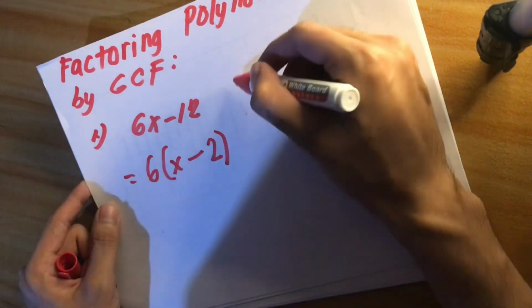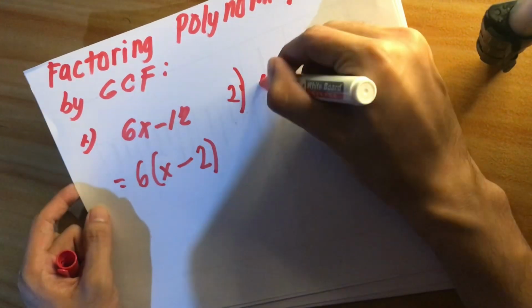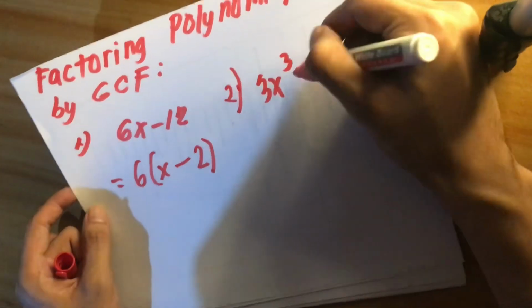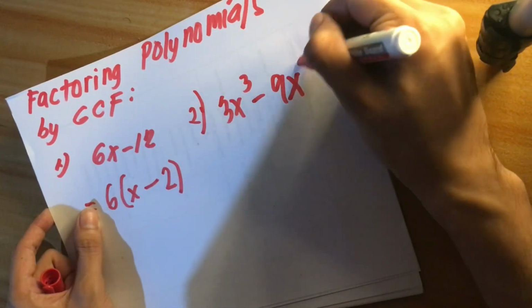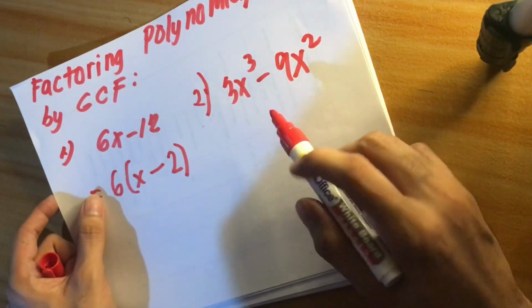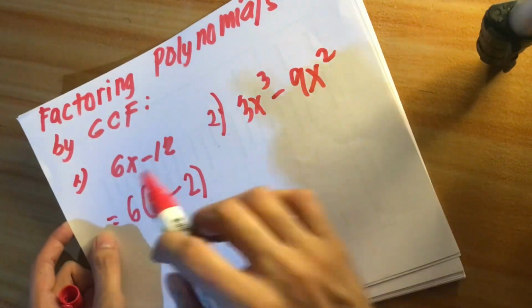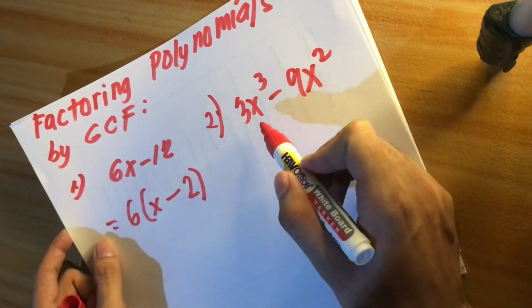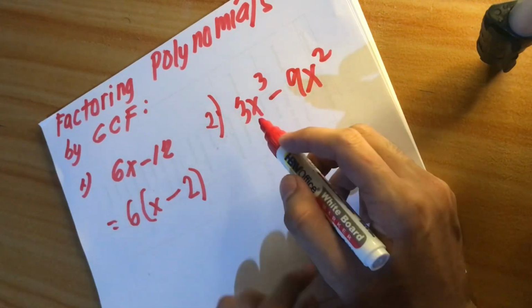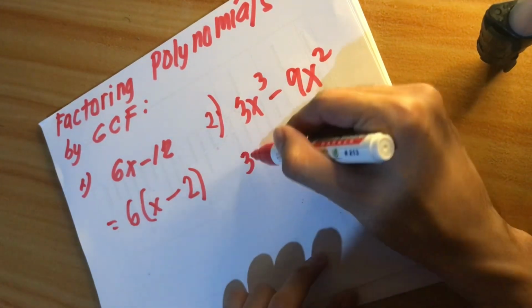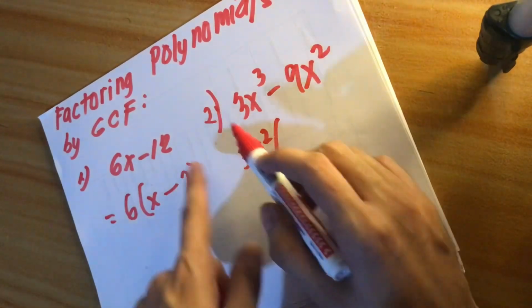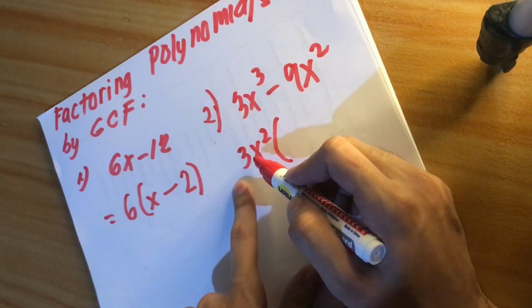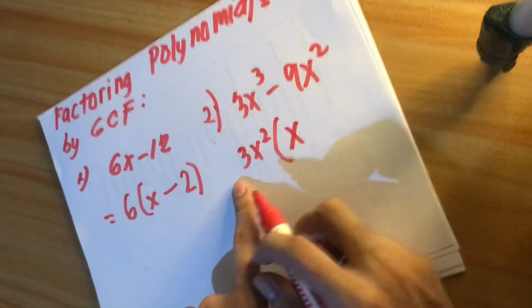Okay? So, let's have an example number 2. What if we have 3x cubed minus 9x squared? Okay, so if we're going to factor this one by the use of GCF, so meron silang GCF of what? 3x squared. Okay? 3x cubed divided by 3x squared, that is x.